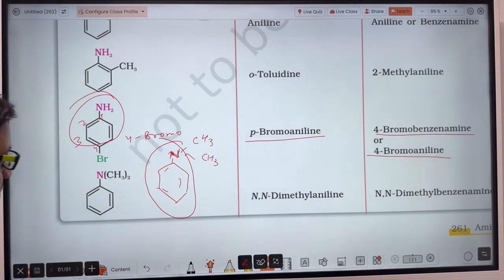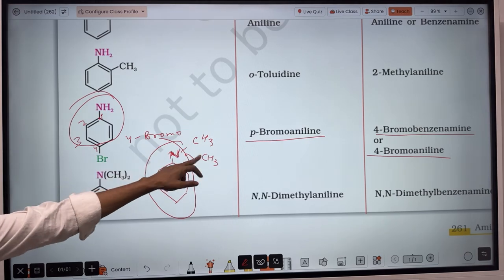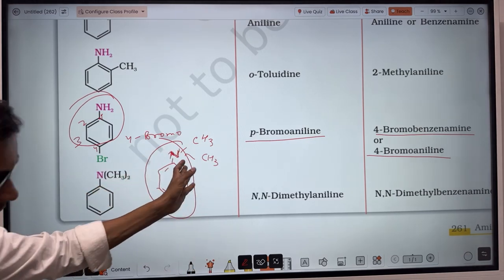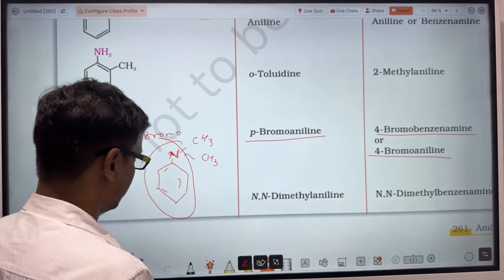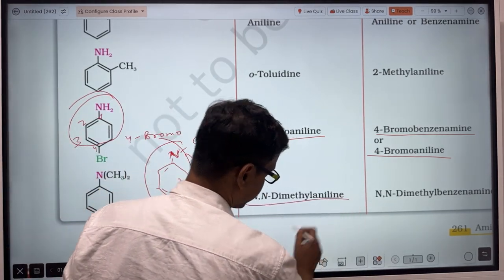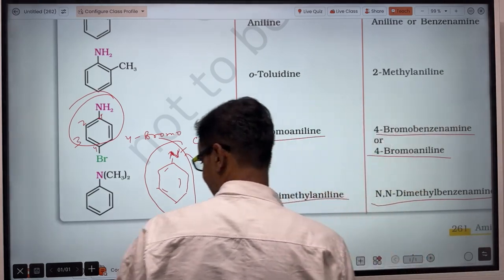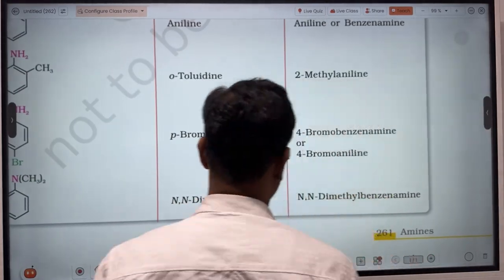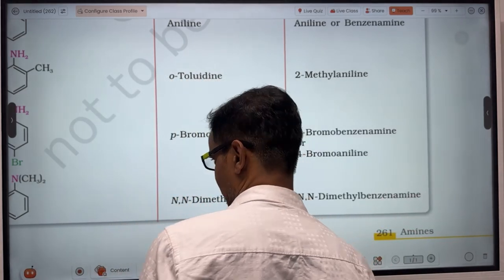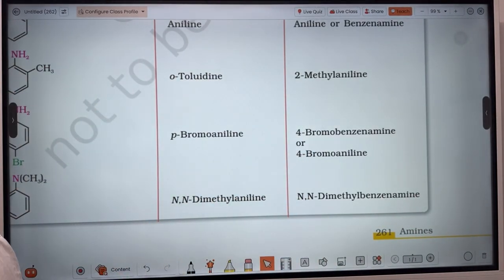So that's why it will be considered as N,N-dimethyl aniline, in the IUPAC name as well as in the common name. That is N,N-dimethyl aniline or N,N-dimethyl benzenamine. Anyone you can write. N,N-dimethyl benzenamine or N,N-dimethyl aniline. Okay.